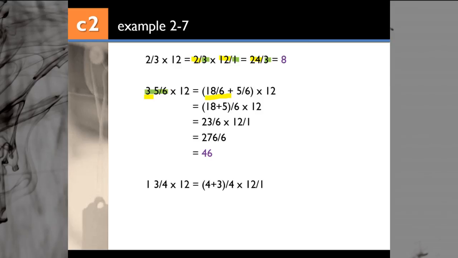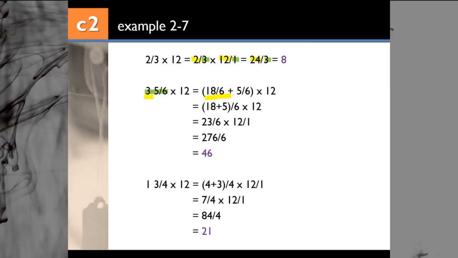So 4 plus 3 divided by 4 multiplied by 12 over 1, which is 7 over 4 multiplied by 12 over 1. You get 84 over 4, and the final answer is 21. So if somebody says 1 and 3/4 of a dozen, that means 21 units.